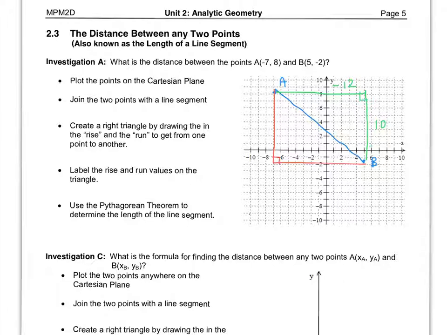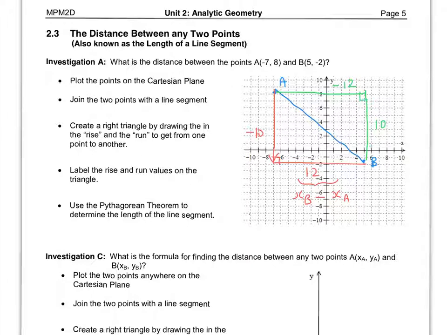If I look at the red and heading from A to B, heading downwards, I would have gone -10 and then a +12. Now these values for rise and run, again, really fit in with what we've done in the past in grade 9 with slope, because I know that I can get this run of 12 here by taking my x-coordinate from point B and subtracting my x-coordinate from point A. That really is my run.